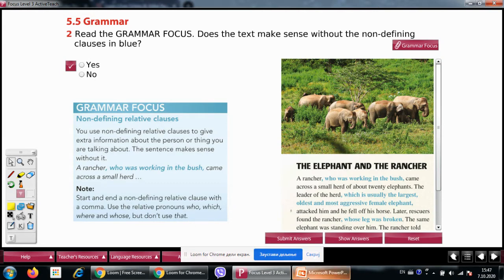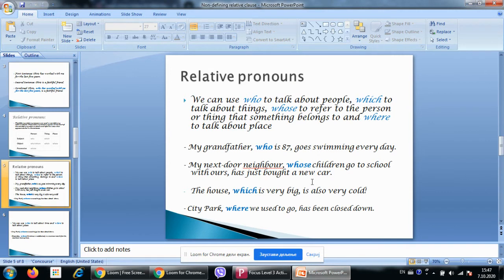And now let's see something more about relative pronouns. So we can use who to talk about people, which to talk about things or animals, whose to talk about the person or thing that something belongs to, and where to talk about place.